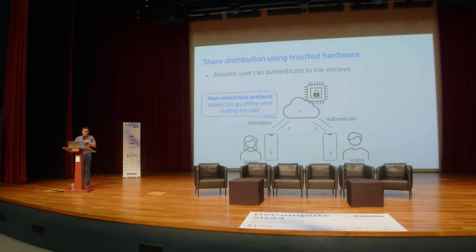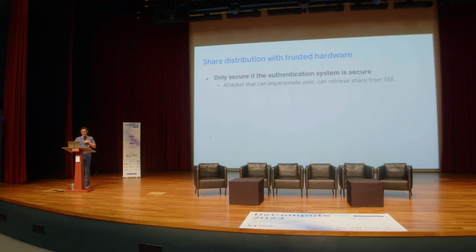What's nice about this protocol is that it's non-interactive, meaning the admin can do their part and then go offline, and the user can come and join the system and download the share. From a security perspective, obviously there's the trust in the enclave itself, which is in some sense implicit. It has to be that way in this solution.